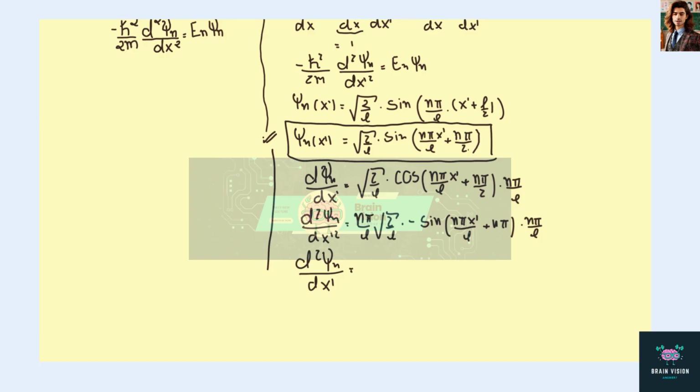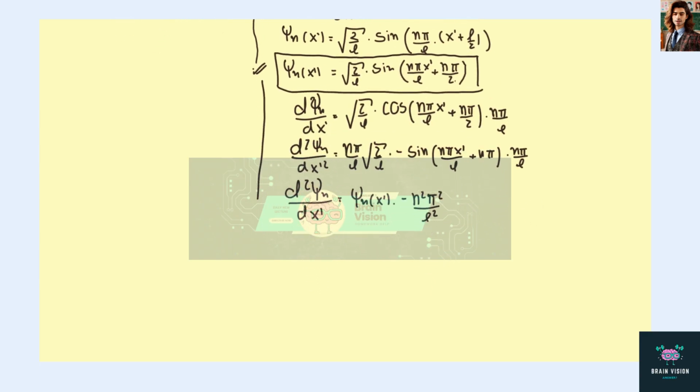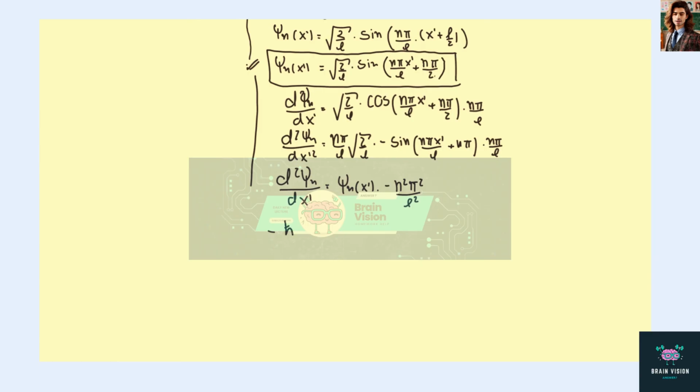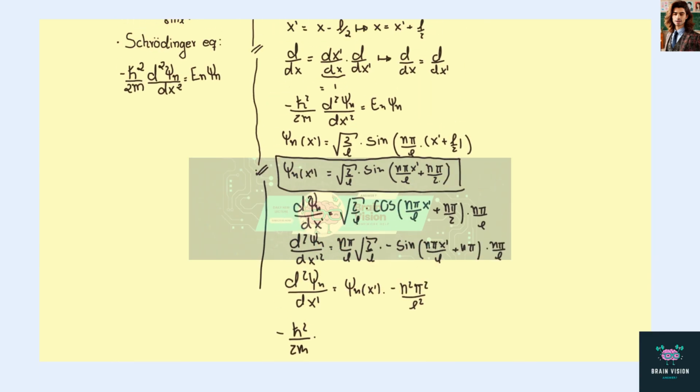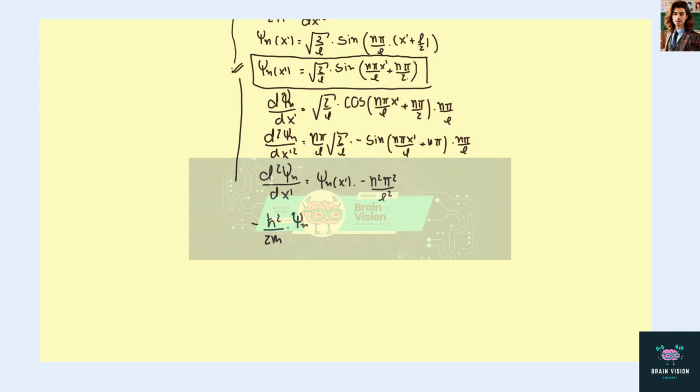So we repeat the wave function psi n of x prime, and then we put the extra factor, which is minus n squared pi squared divided by L squared. Now we plug this result into Schrödinger's equation to get the following. Minus h bar squared divided by 2m times the second derivative, which is psi n of x prime times minus n squared pi squared divided by L squared, is equal to the energy times psi n again.